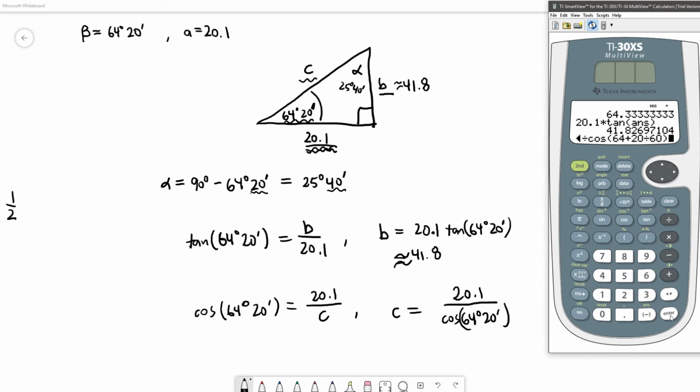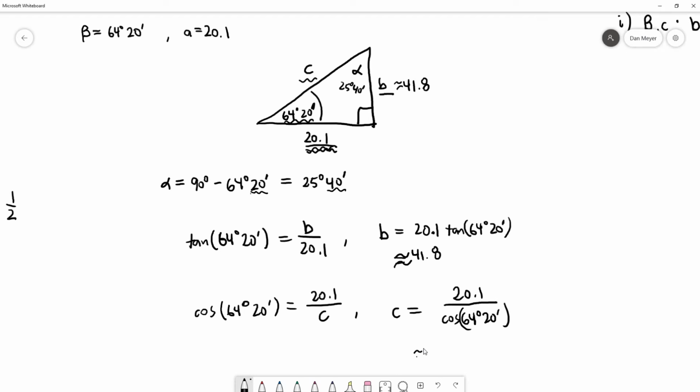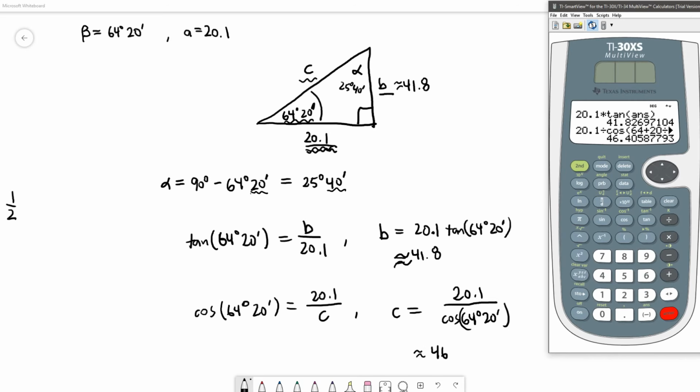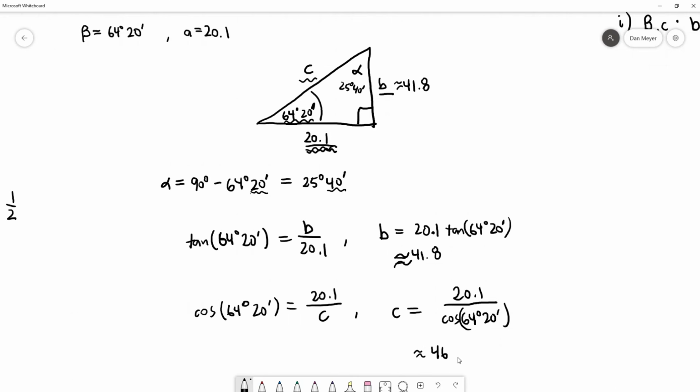Anyways, it gives me approximately 46.4. Okay. That seems a bit small to me. That seems a bit small. And so maybe we can use the Pythagorean theorem to check. All right. Let's do that.